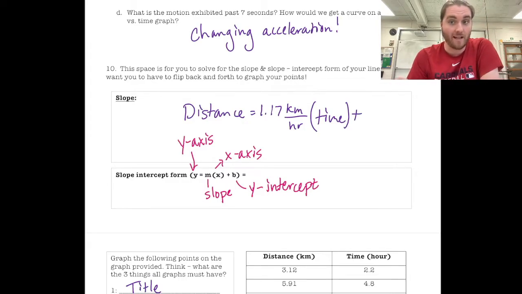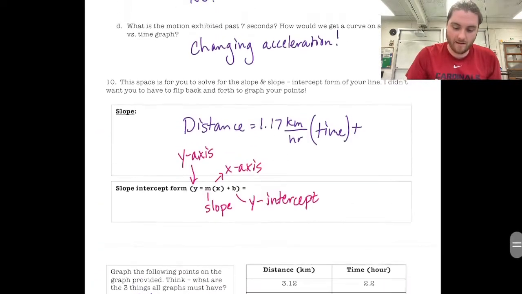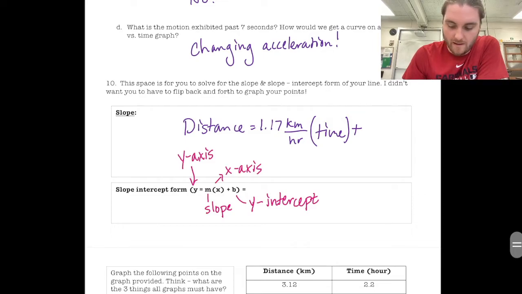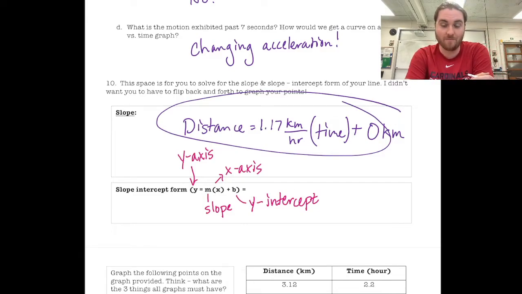But here, my y-intercept is 0. It's basically just wherever your line crosses over the y-axis. So here, I would put plus 0 kilometers. And that is my final slope-intercept form.